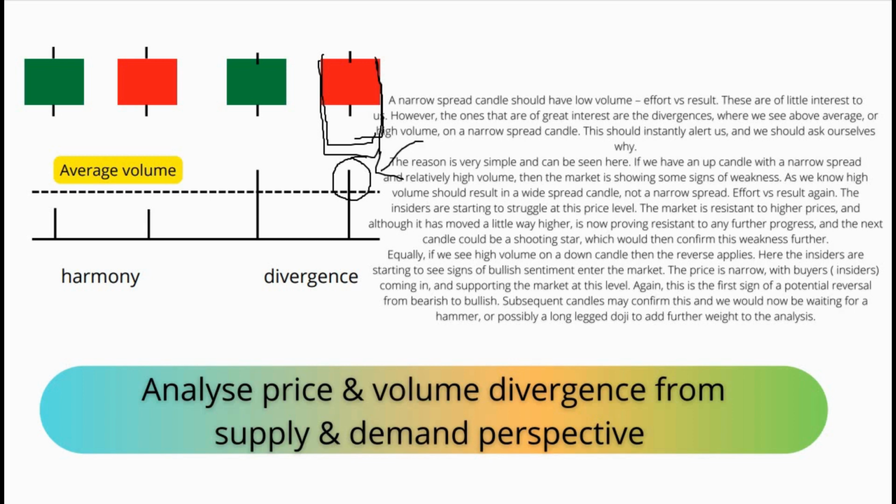But what is happening is the volumes are high, the spreads are narrow. This is indicating that the market makers are entering into the markets in the opposite direction. Okay, so I hope you got this very important point.